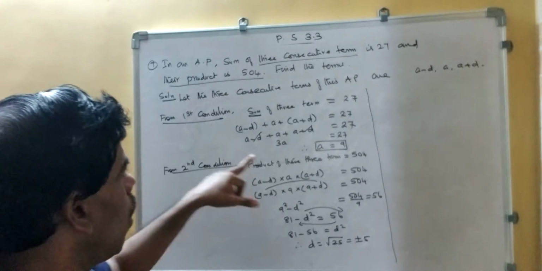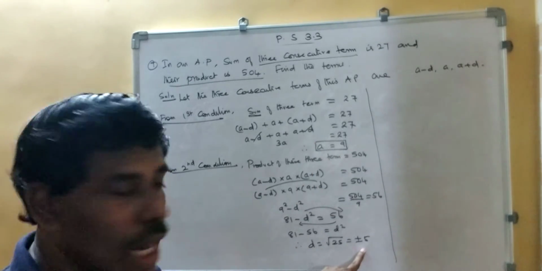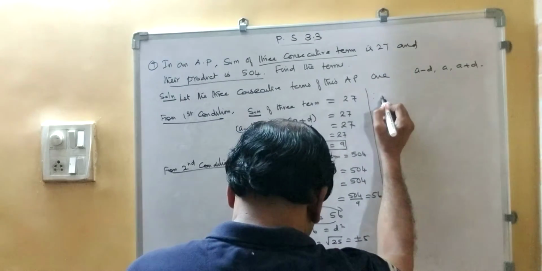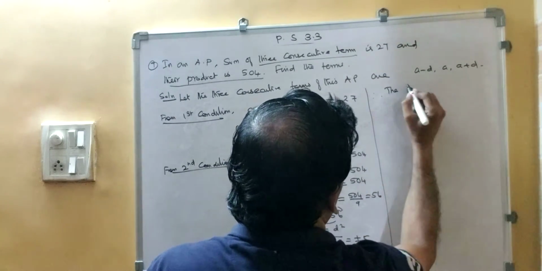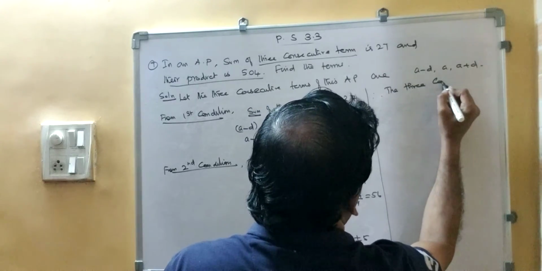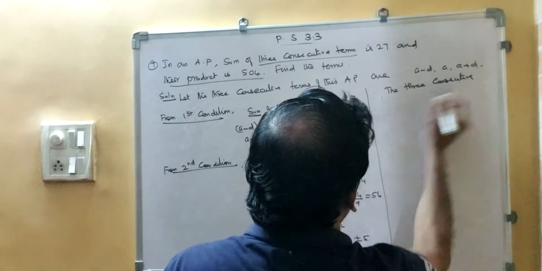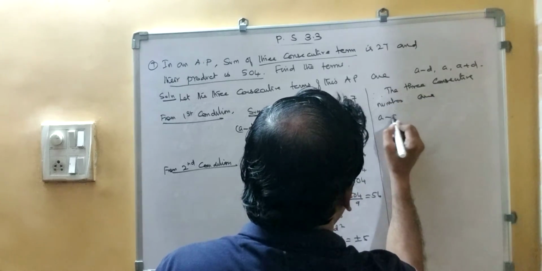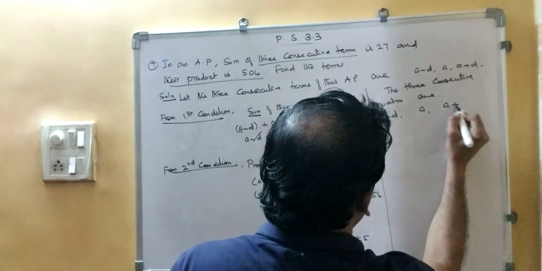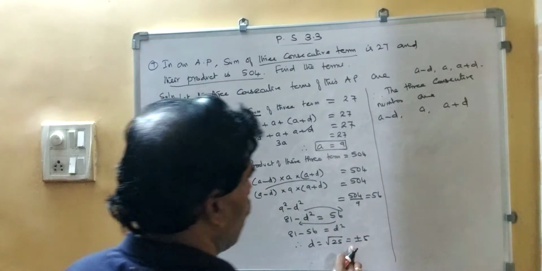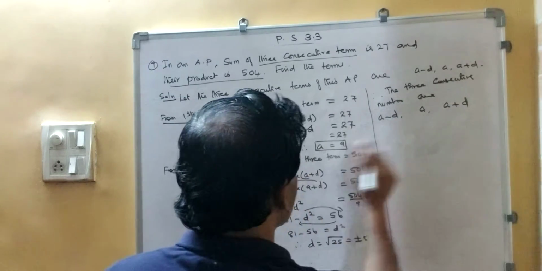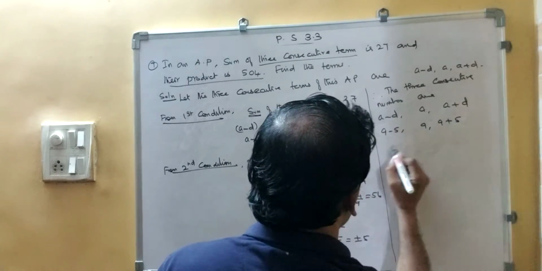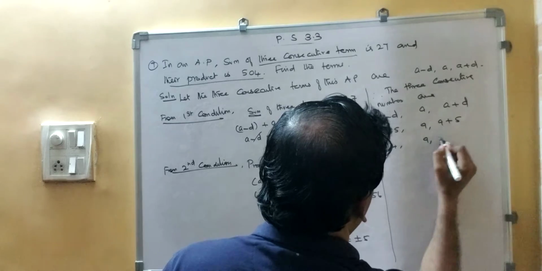See, now you have got the value of A and you have got the value of D also. Okay. So here we will substitute. Therefore, the three consecutive numbers are A minus D, A, A plus D. First we will take plus 5. So, what is A? 9 minus 5, 9, 9 plus 5. That means 4, 9, 14.